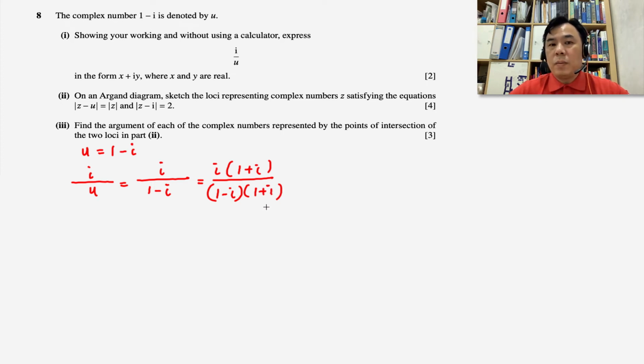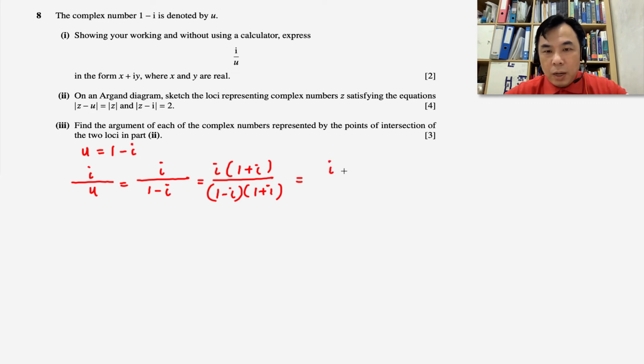Okay, that's what we have. And then with a bit of simplification, even though it says without using a calculator, I think at some point you can actually key it into your calculator, right? That's the purpose of the calculator anyway. Like myself here, if I don't use a calculator, I'll just have to do it manually in this case.